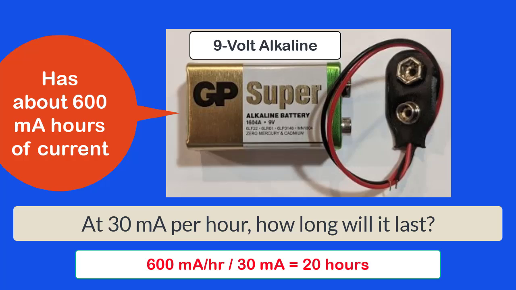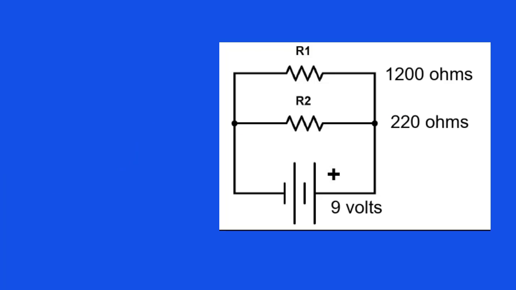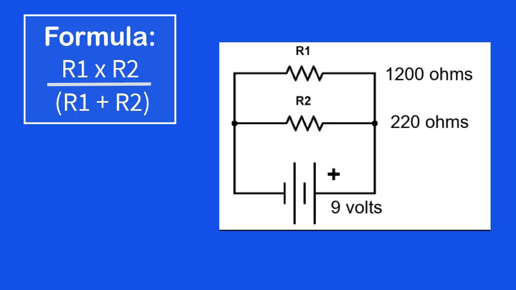Here is another example of two resistors in parallel. R1 equals 1200 ohms and R2 equals 220 ohms. What is the total resistance in the circuit and how much current will flow?